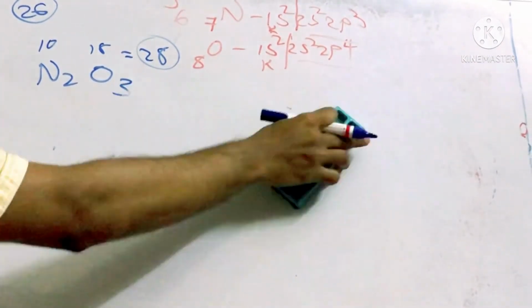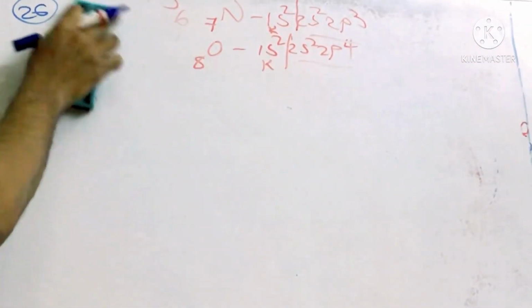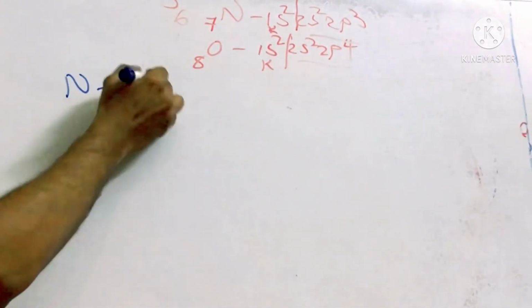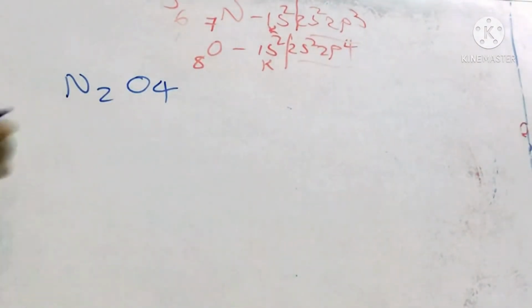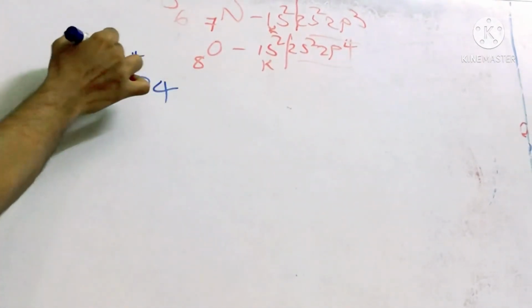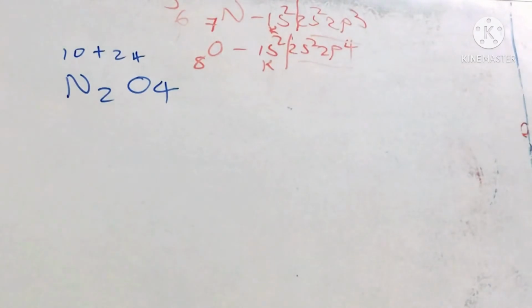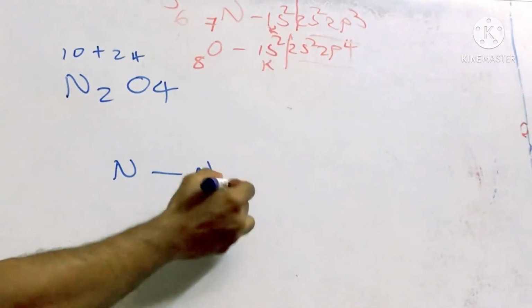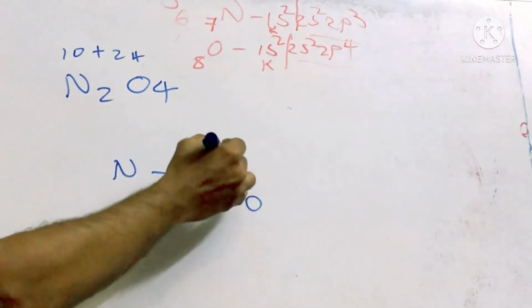Similarly, we will try to write N2O4. So N2O4 is 10 electrons and 24 electrons, total 34 electrons we are having. 17 pairs of electrons we are having. So N2O4, if you write N, anyhow each one will have 2 oxygens.